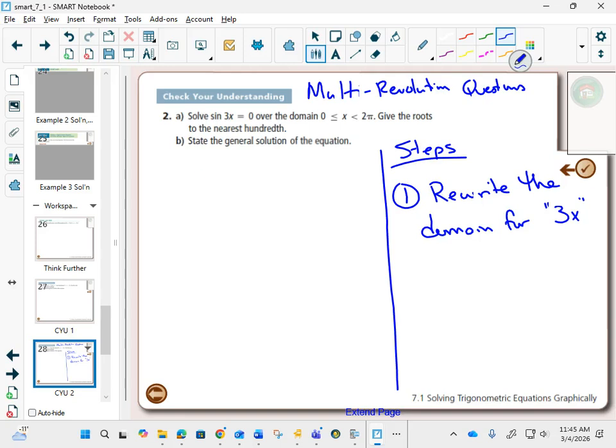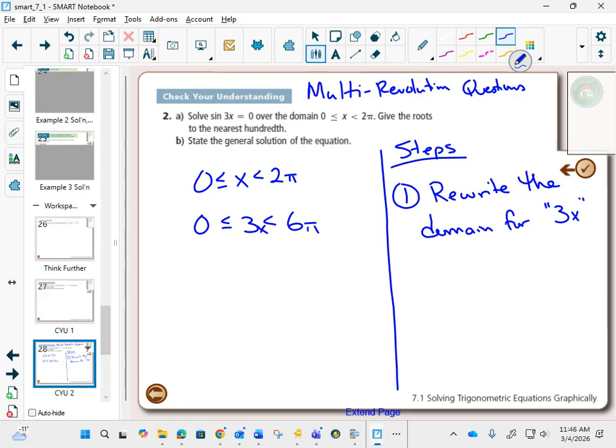What does this mean? Well, if x is between 0 and 2 pi, does it make sense that 3x would be between 0 and 6 pi?